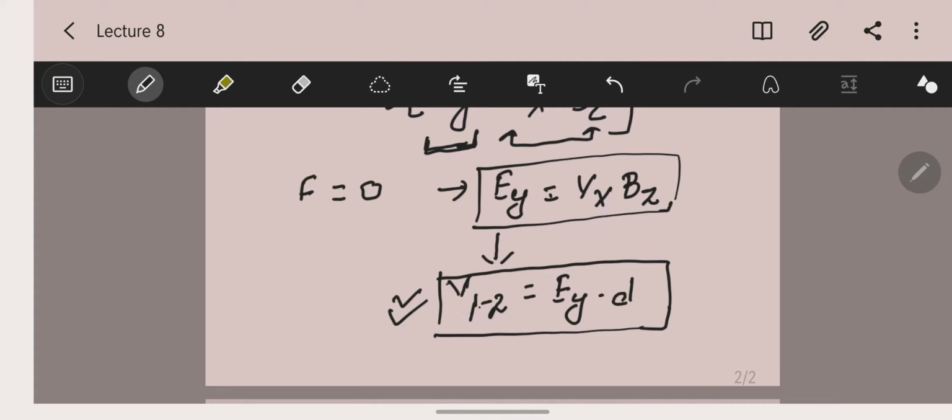For n type or metal, the polarity of this Hall voltage will be negative, and for p type semiconductor it will be positive. It will be positive.